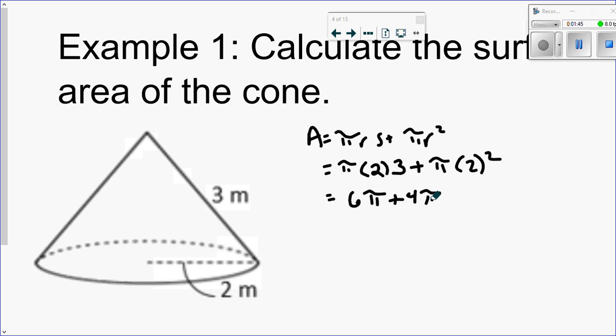Cool. Suppose I really could make it 10 pi, but we're just going to make it 31.4159 meters squared. Huzzah.